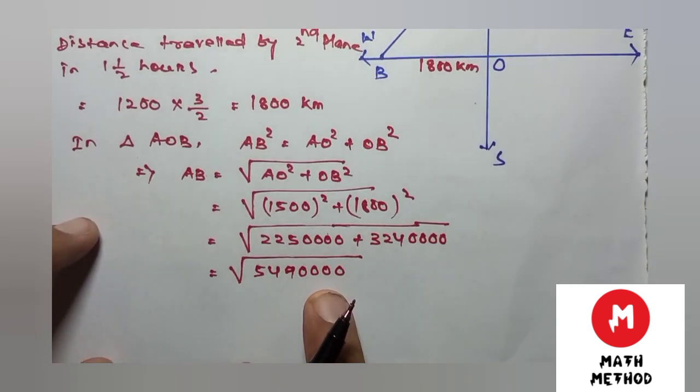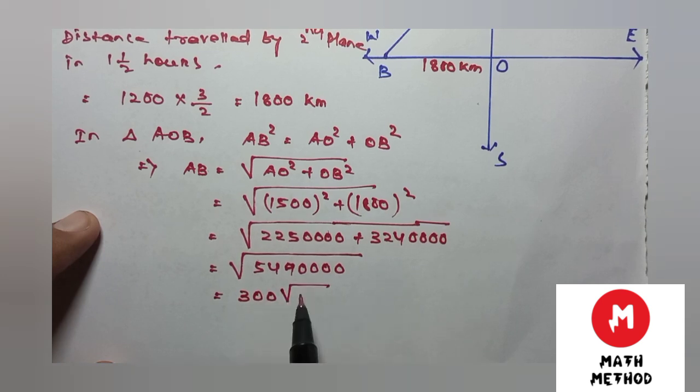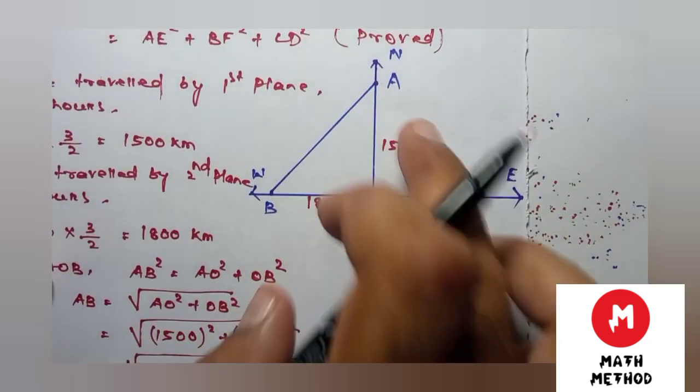By factorizing this, you have to find the square root of 5490000 by factorization method. Then you will get 300 root 61 kilometers. This is our AB. So AB is our distance between two planes.